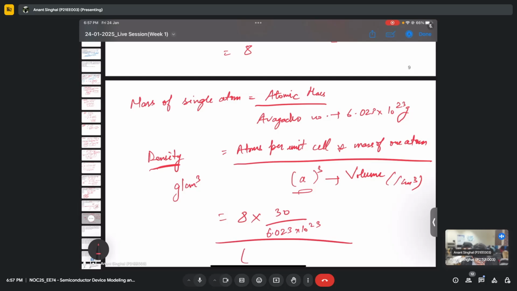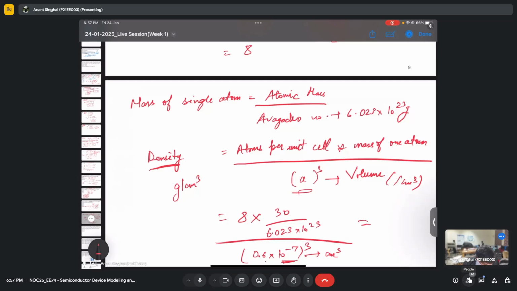A is 0.6 nanometer. Any doubts? So it is 0.7 times 10 raised to minus 7. I am writing this because I need to put it in centimeter cube. So this is cube. So this will be the answer. You can try and solve it and let me know quickly what is the answer.